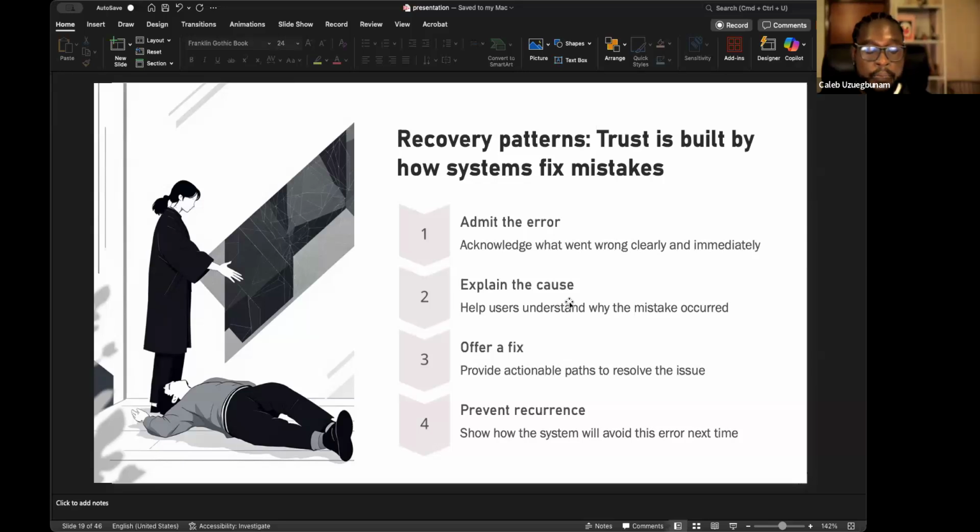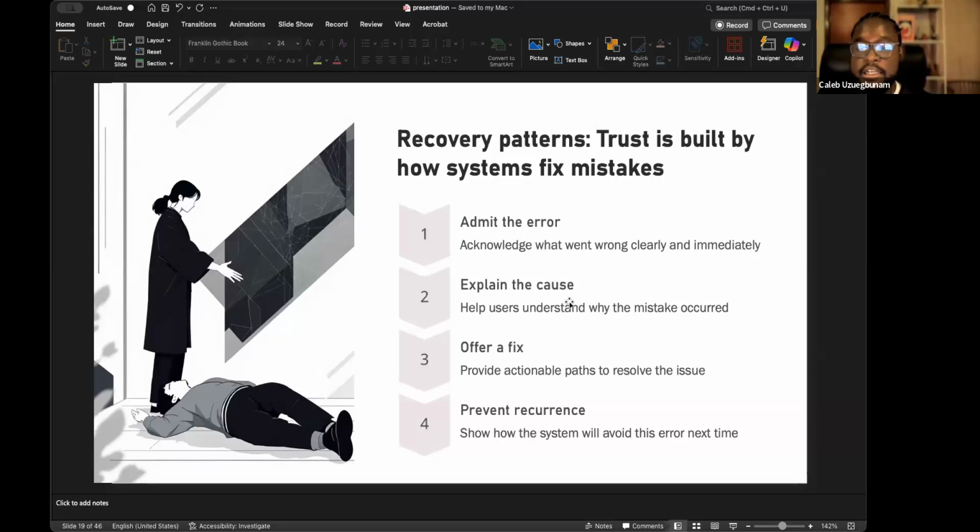So the point isn't to hide the error when it happens, it's to bring it up. So if the user pushes back and says, no, ChatGPT, I know salt isn't right for coffee, and ChatGPT would say, oh, I'm sorry, that is clearly an error. I made a mistake.